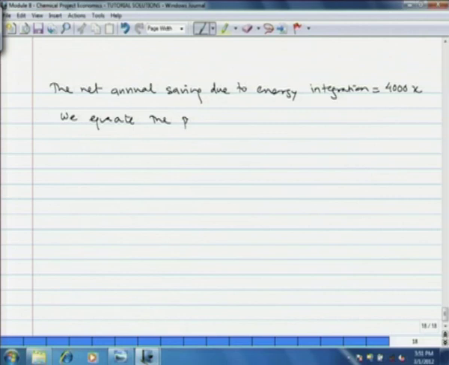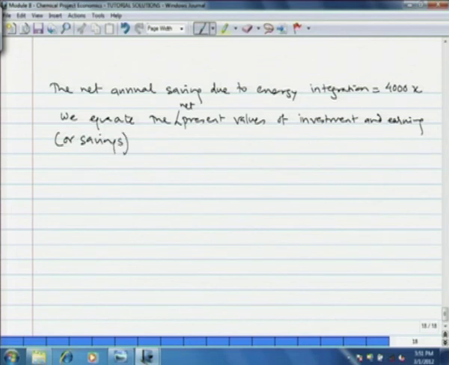We equate the present values, or net present values, of investment and earnings, or savings in this case, at time 0.